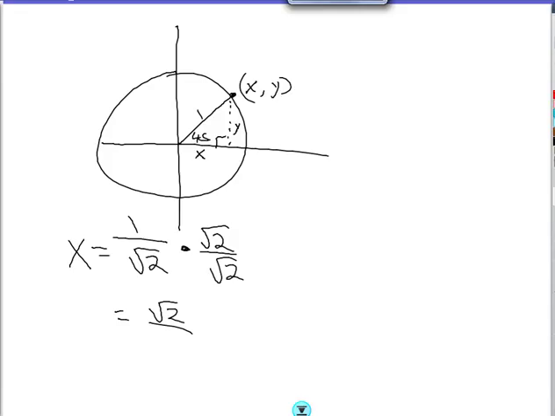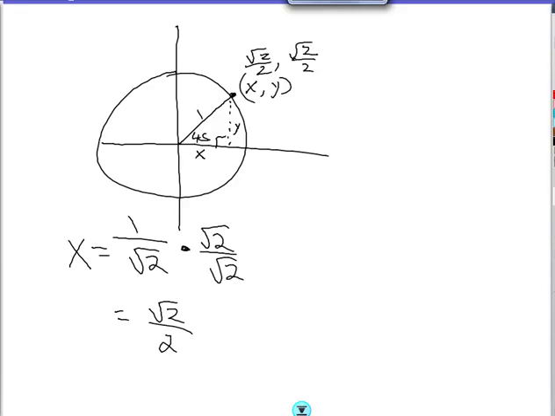The square root of 2 times the square root of 2 is 2, because it's the square root of 4, which is 2. So x value is square root of 2 over 2. And because we've identified it's isosceles, y has to be the same, so I don't have to go through the hassle of finding the y. The y is going to be the same thing, square root of 2 over 2.